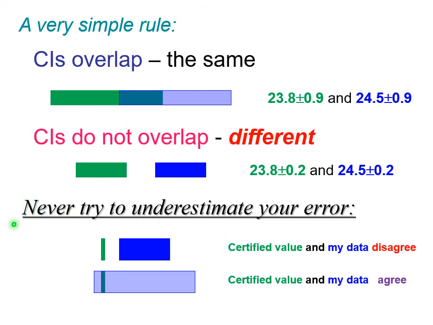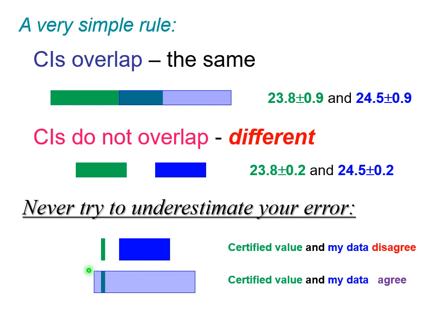It's very important to remember not to underestimate your error. Many people want to look good, so they are placing smaller and smaller errors. Sometimes not even cheating, just conveniently forgetting some sources of uncertainty. This can be negative. For example, you were given unknown certified standard, and it appears that your data disagree with well-known value.